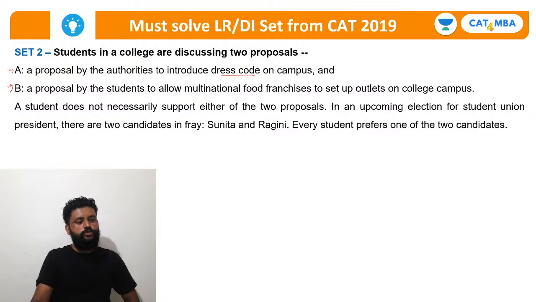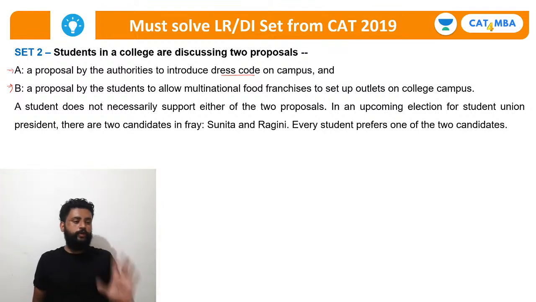Then the student does not necessarily support either of these 2 proposals. It may happen, कोई स्टूडेंट बोलेगा मैं ए को सपोर्ट करता हूँ, कोई बोलेगा मैं बी सपोर्ट करता हूँ, कुछ लोग होंगे जो बोलेंगे मैं ए और बी दोनों सपोर्ट करता हूँ. एट द सेम टाइम कुछ लोग होंगे जो बोलेंगे कि हम इसमें से कोई भी सपोर्ट नहीं करते.